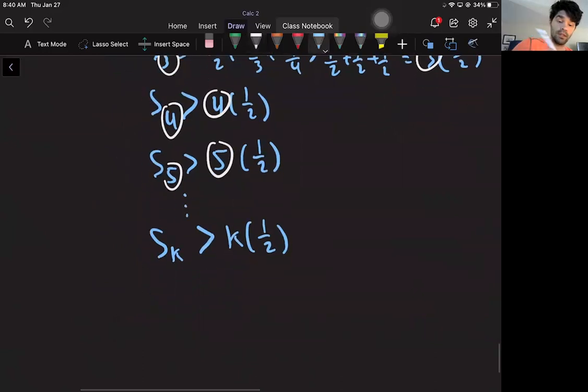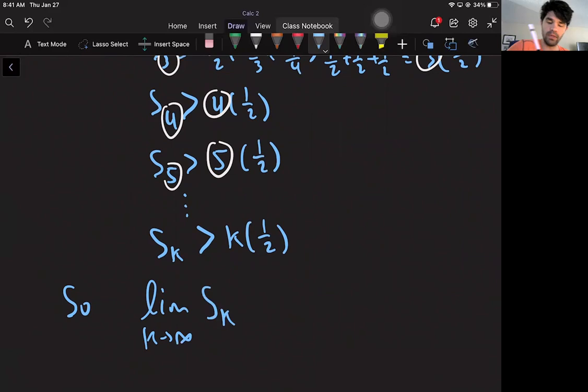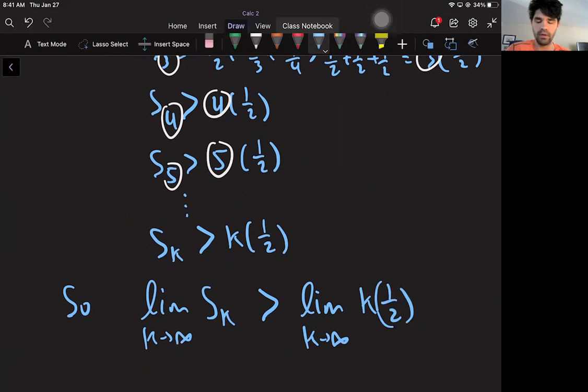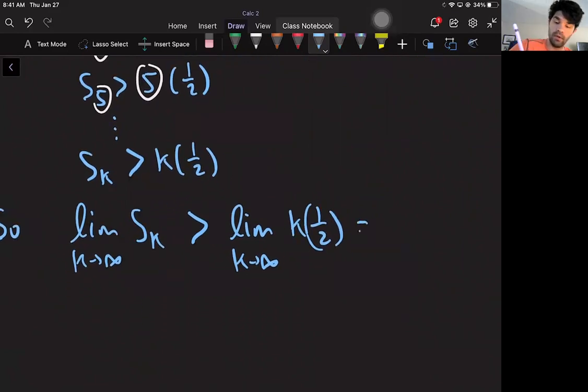And so then we can take the limit as k goes to infinity of not sk, we can't really do that, but we can say that it's going to be bigger than the limit that we can do, because sk is bigger than k times 1/2. And again, here, k is just growing and growing to infinity.